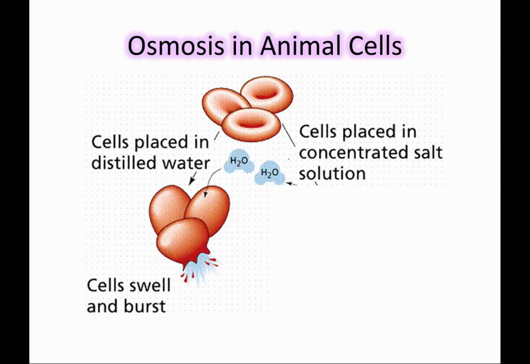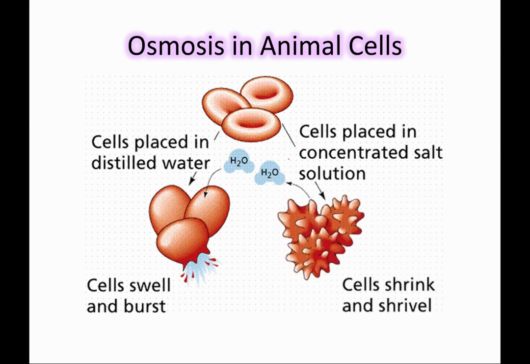On the other hand, if we put them in concentrated salt solution, the water will move from a high water potential inside the cell to a lower water potential outside the cell, and the cells will shrivel up, or shrink, because they lose water. So if you put cells in pure water, they'll absorb water by osmosis, and if you put them in a concentrated solution, they will lose water by osmosis.